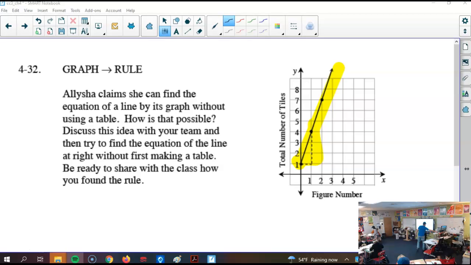They were really nice to us here, and they gave us what's called the growth triangle. The growth triangle shows us how far we go over on the x and how far we go over on the y. I know you're going to think this is silly, but please, on your paper by 32, write delta y over delta x.